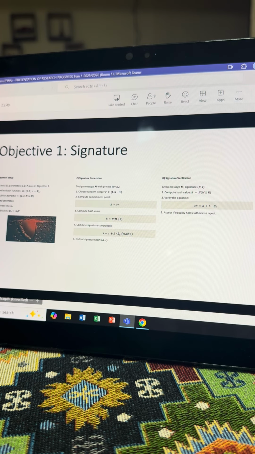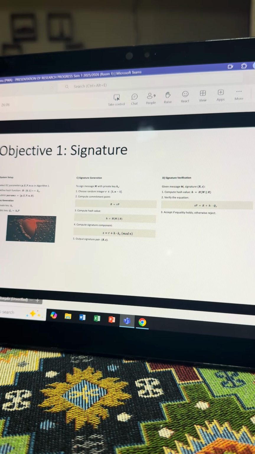To sign a message, the signer picks a random value, computes a commitment point, derives a hash of the message combined with this point, and then forms the signature component that binds the message, the randomness, and the private key together.